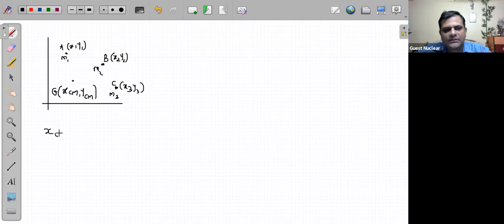So see, xcm, that means the x coordinate of center of mass, can actually be obtained to be simply equal to, see, there will be a numerator and denominator.